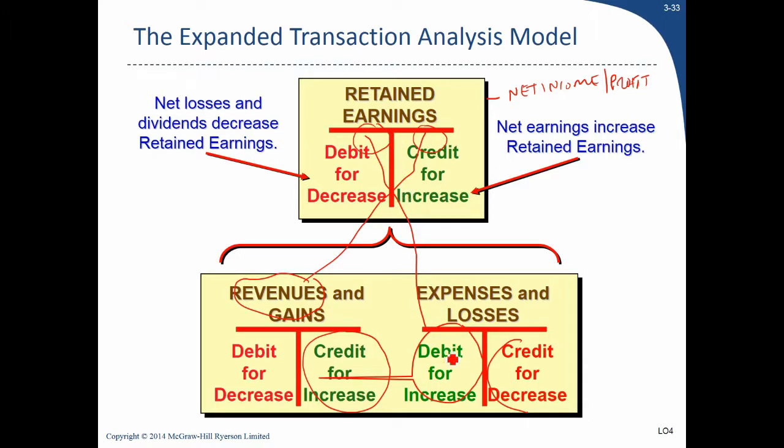Why is that? We're increasing expenses by debiting them, but an increase in expenses means a decrease in profit, right? What does a decrease in profit mean? Less retained earnings. Less retained earnings means a debit to retained earnings.